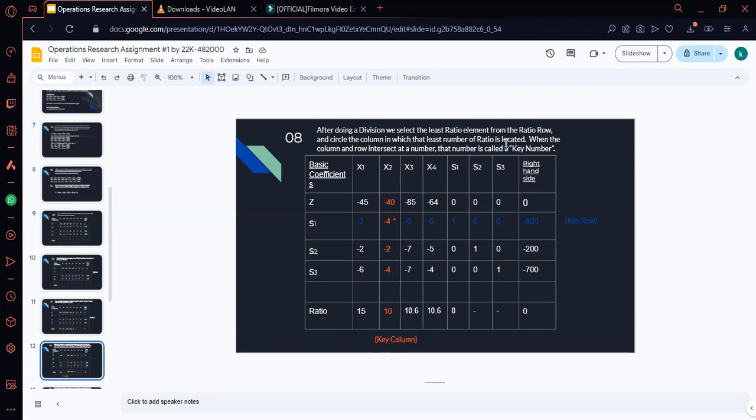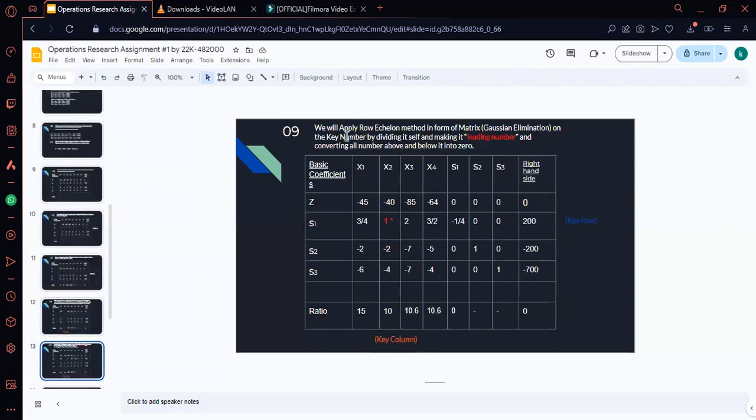Now we see that where the key row and key column intersect, the number at the intersection is the key number. You see over here, the one with the exact sign, that is the key number, which is -4. So now we will perform some methods on it.